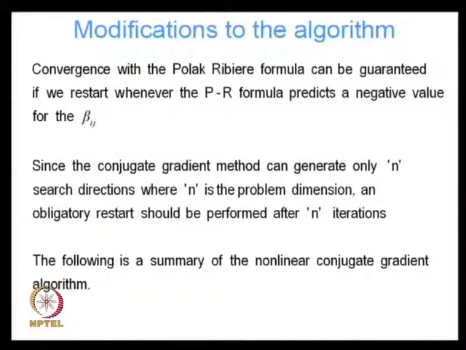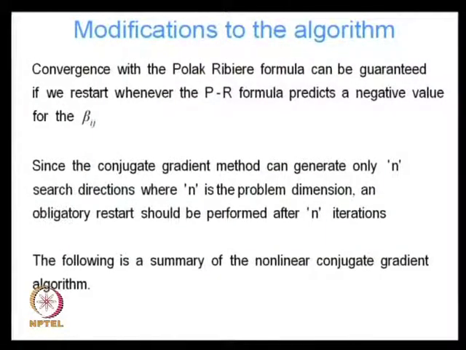Convergence with the Polak-Ribiere formula can be guaranteed if we restart whenever the formula predicts a negative value for beta ij. Suppose I get a Polak-Ribiere beta ij which is negative. At that point I know that my formula is giving an arbitrary result. So I better abandon it and start again with the current residual as my first search direction.